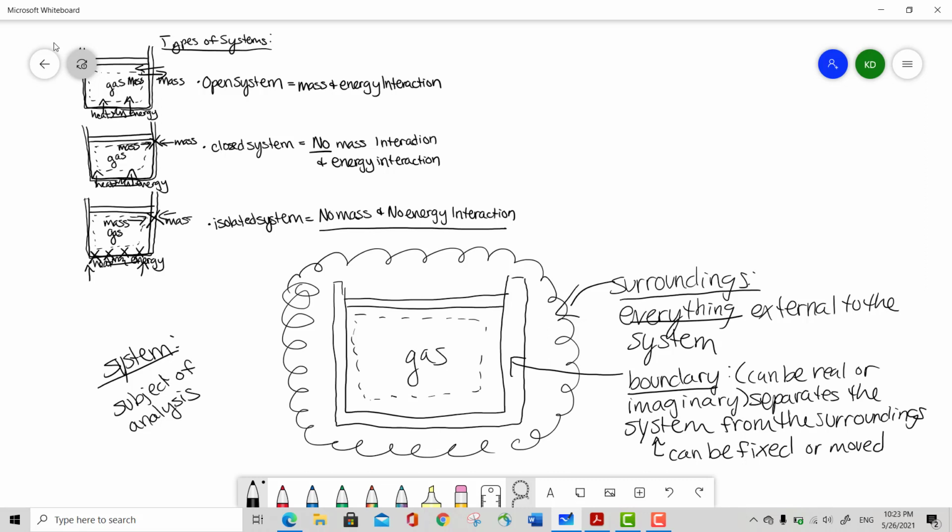And then you would have a boundary; if this is a piston, which is drawn as a piston, then your boundary would be the piston walls. And then your surroundings would be everything external to it. If you're standing outside of the piston, you would be part of the surroundings, everything external. Okay, so this should help you immensely on your homework and of course on your upcoming test. Let me know if you have any questions.